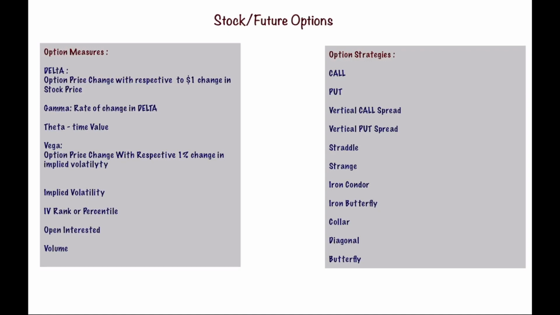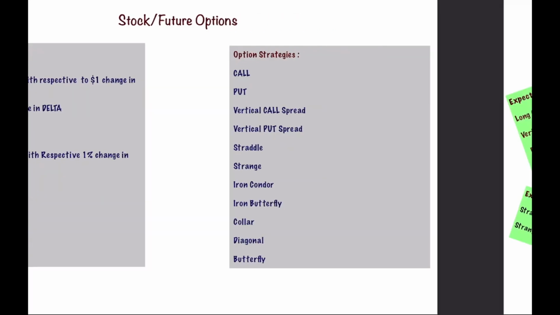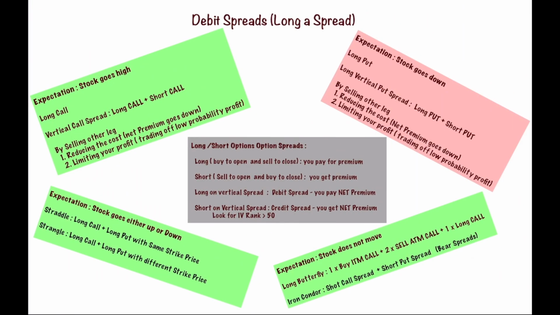So now let's look into what your expectations are and what kind of action you can take based on your expectation. So long option, short option. What does it mean, right? Long is you're buying an option to open the position.